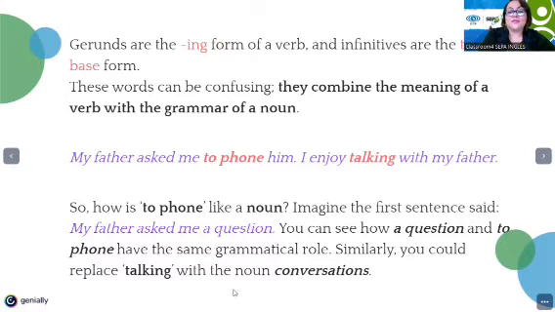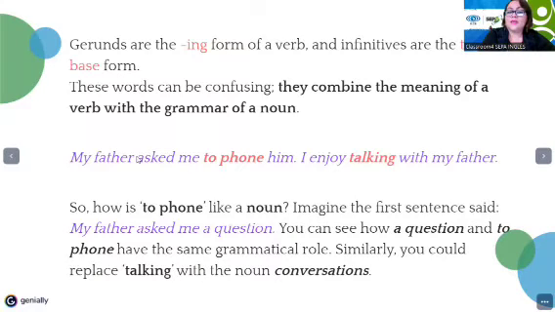Similarly, you could replace talking with the noun conversation.